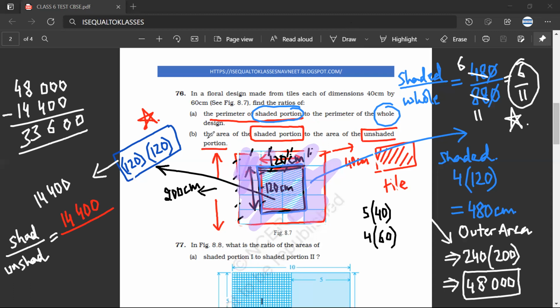Then we want the area of the unshaded portion. The unshaded portion, Mr. Sarthak, is equal to 33,600, because this is the total, this is the shaded, this is the unshaded. So you should be very clear about the area that you are considering.